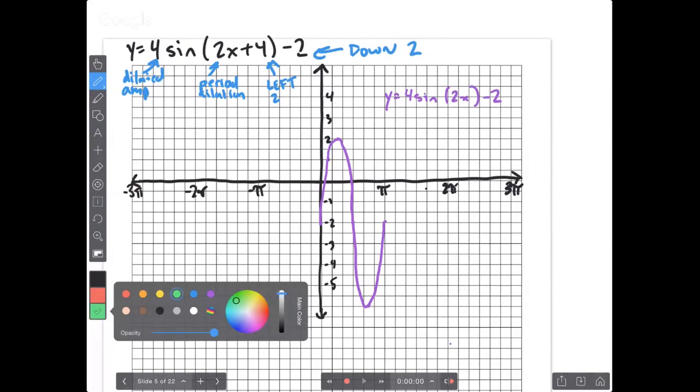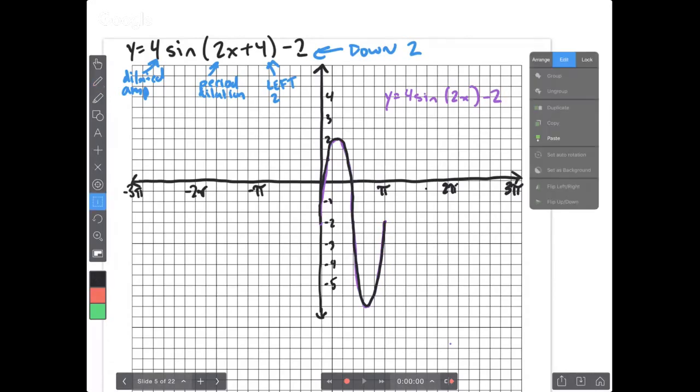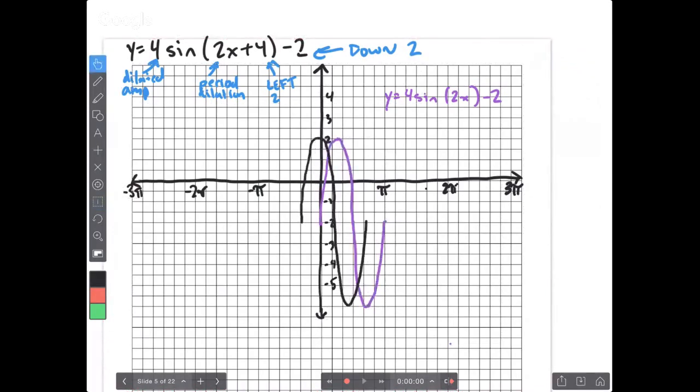But now we're going to say, okay, in black, here it is with my phase shift, which we already decided is going to move it 3.8 units to the left. So 3.8, right about there.